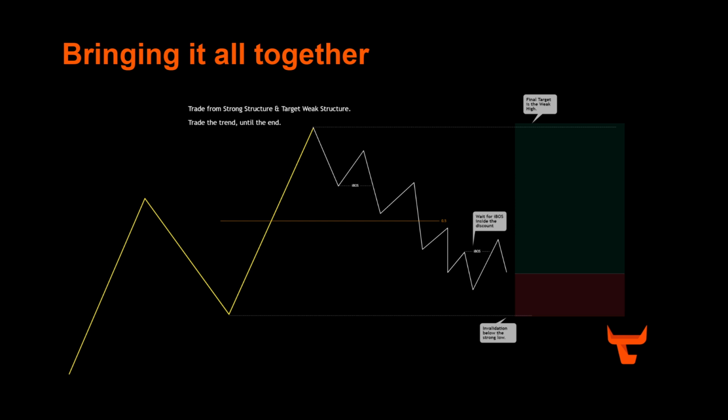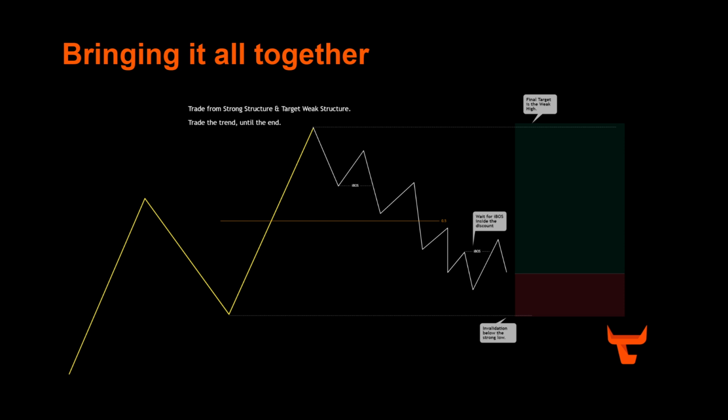So using what we've learned so far, we can begin to form a simple trading plan for trading with the swing trend by following a simple set of mechanical rules. When the swing trend is bullish, trade only an internal breakup structure that has occurred below the 0.5 for a higher risk to reward opportunity.